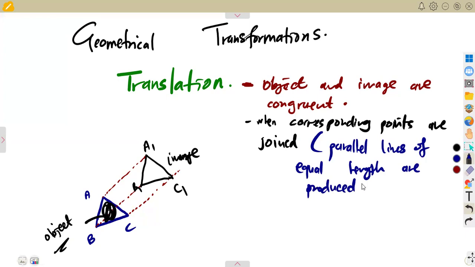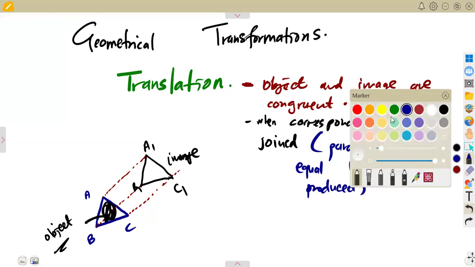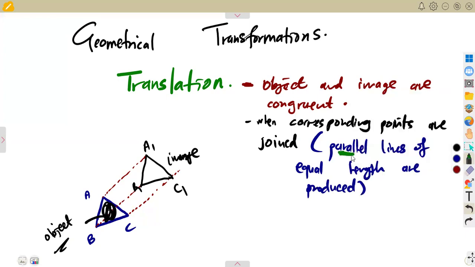That is the idea there. They are not just parallel, but they are of equal length.